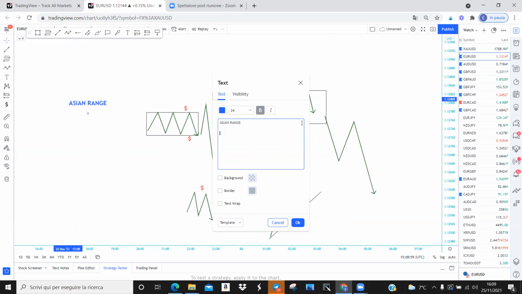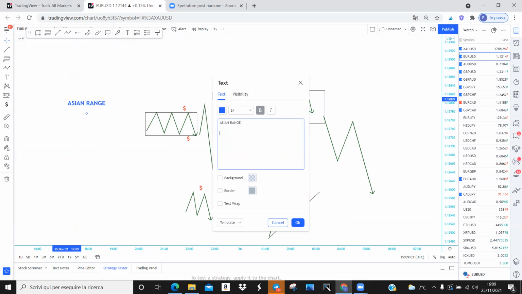you have a possibility of manipulation plus rally to the opposite direction. Then you have, how to call it?